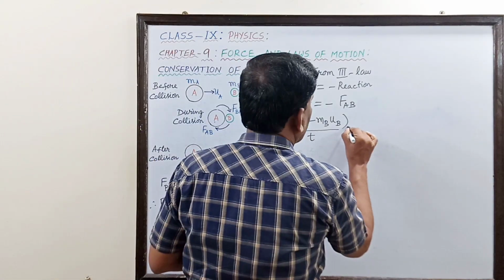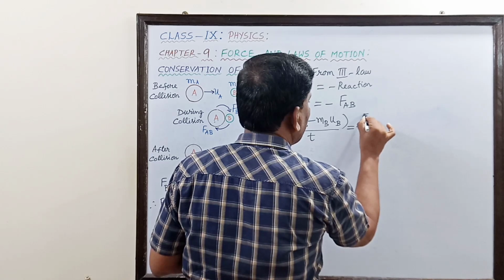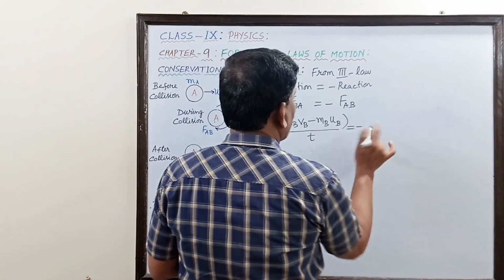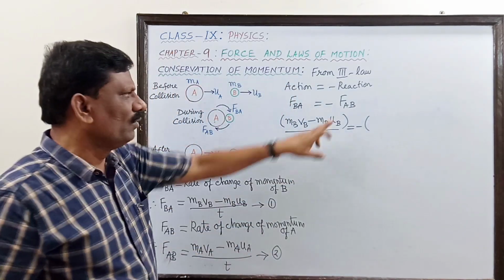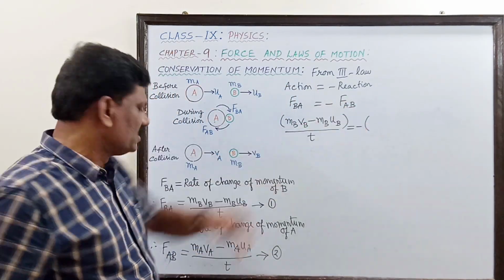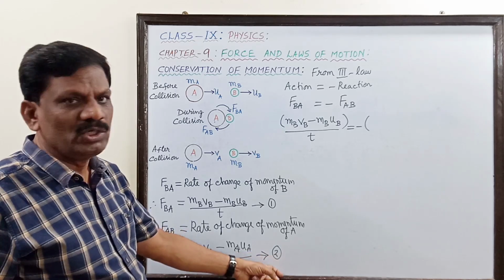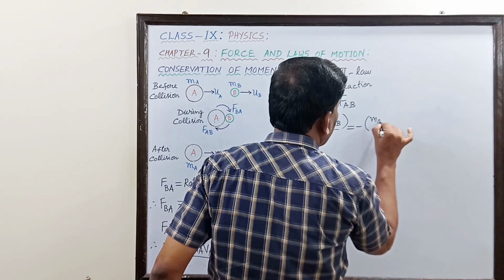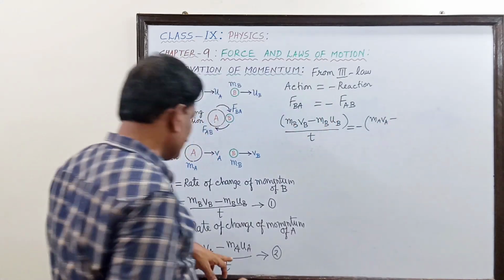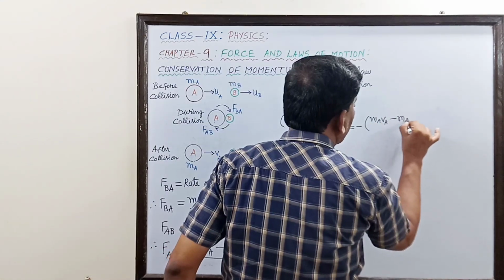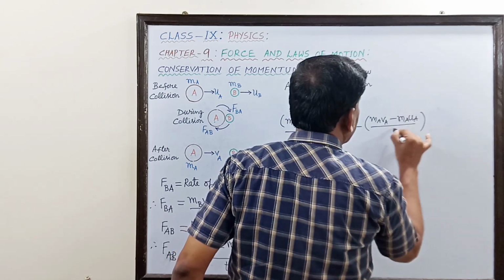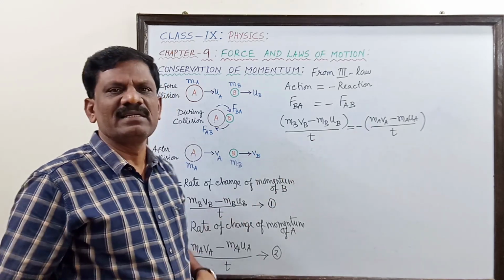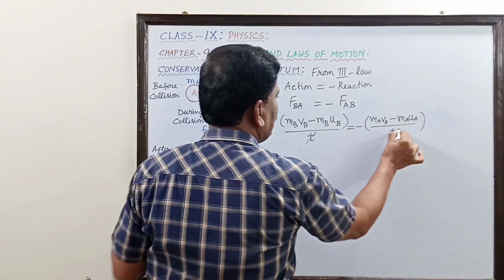So this must be equal to negative of, so there is a negative sign, so we can use the same bracket. Negative of what is on the right hand side, FAB. So in place of FAB, equation 2 shall be substituted. So it must be what? Minus of MAVA minus MAUA, whole divided by the same time t. Since the time of collision is same, we can cancel this.